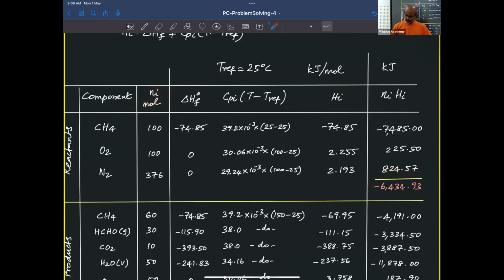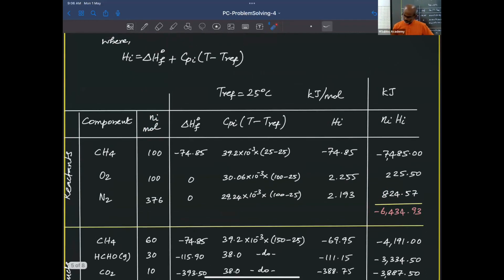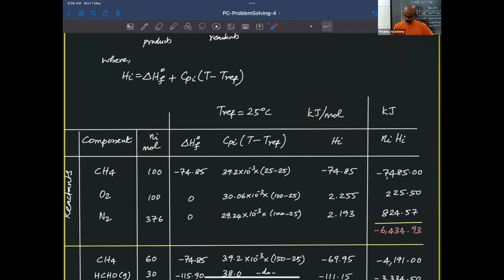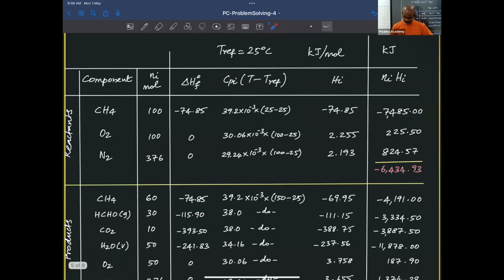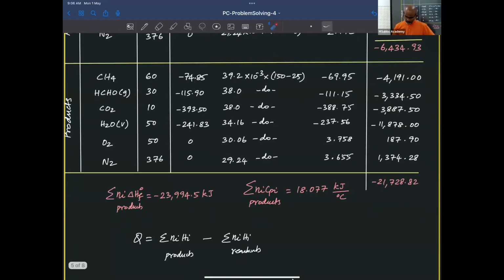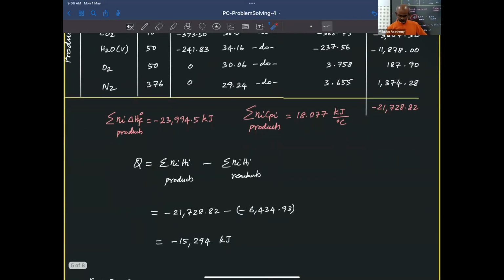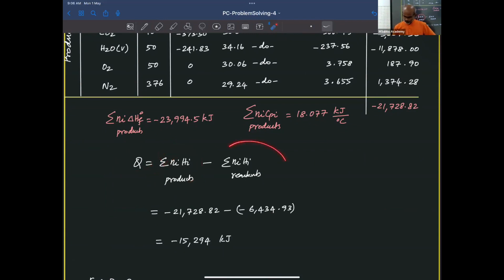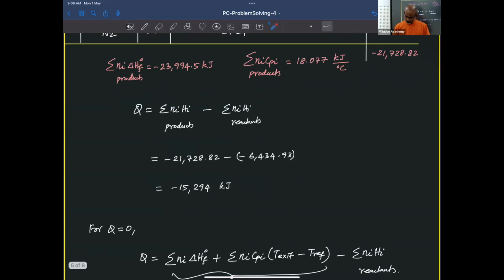Always look for unit consistency. This is in moles, and this is in kilojoule per mole, so moles times kilojoule per mole gives kilojoule. Likewise for the product components, we calculate every component. Then simply heat released equals sum of NiHi of products minus sum of NiHi of reactants. Use the signs properly. Okay, this is calculated.